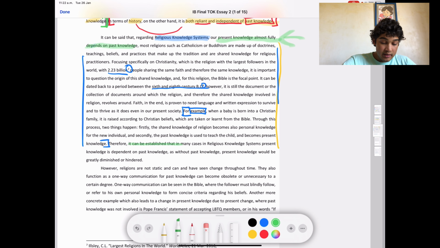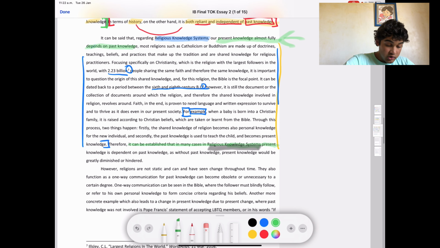It can be established that in many cases, religious knowledge systems, so here I'm using the vocabulary that TOK wants me to use, present knowledge is dependent on past knowledge, which is exactly what I said here. So I'm repeating myself, and here I'm explaining again a bit why, if it wasn't clear enough from the example.